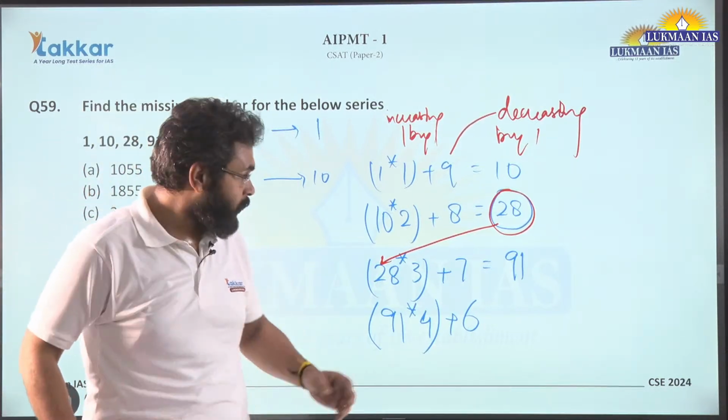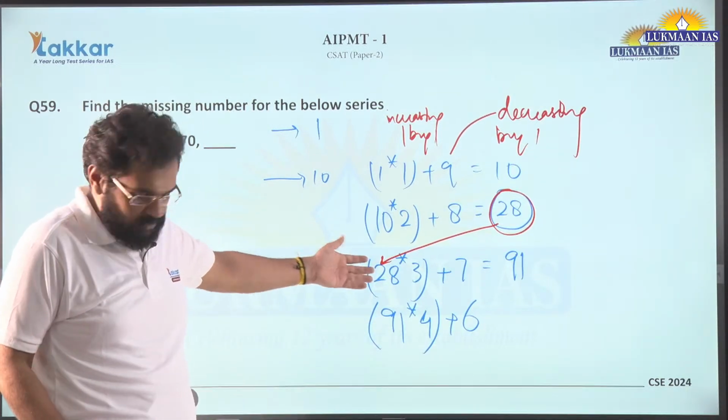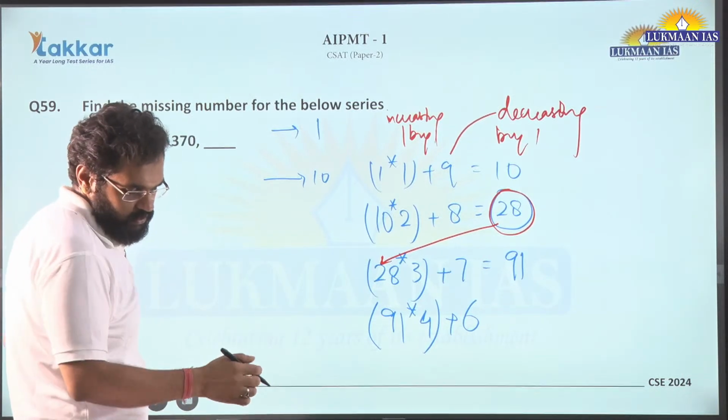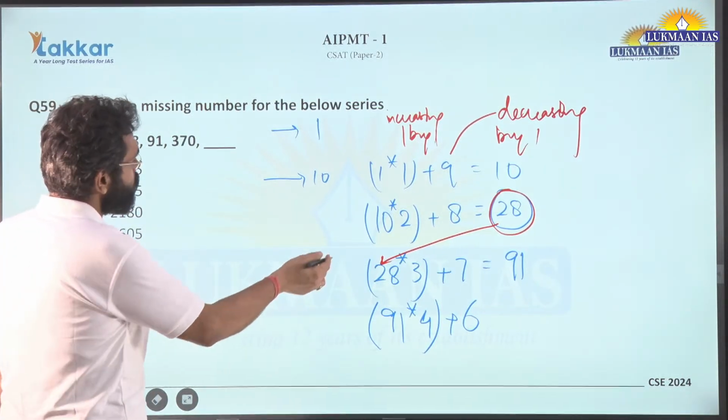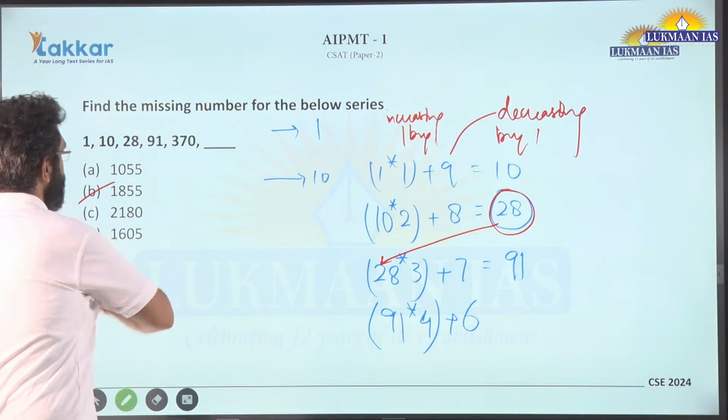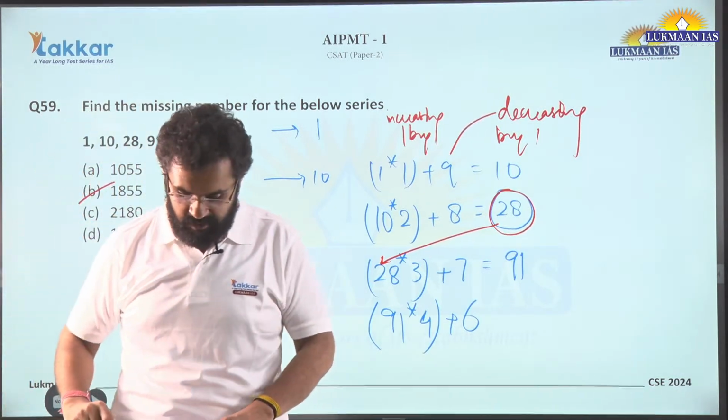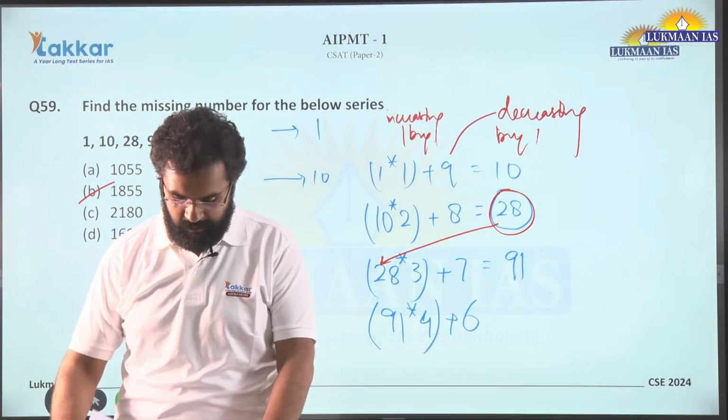If we keep on solving in the similar fashion, we'll see that the next would be 1855. After 5 steps, we can reach that.